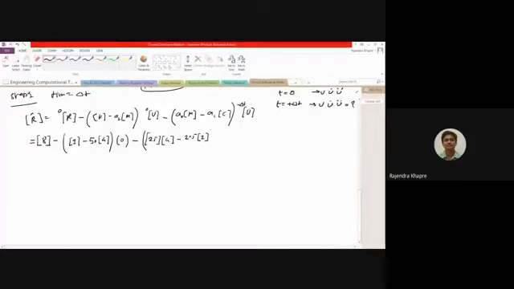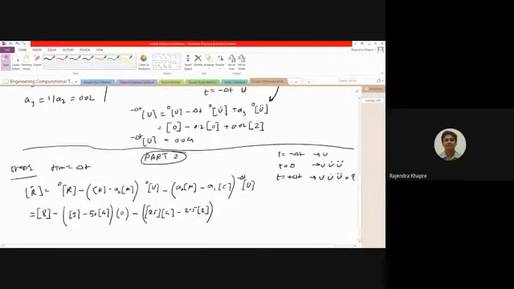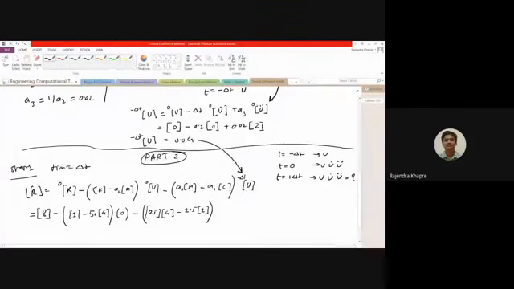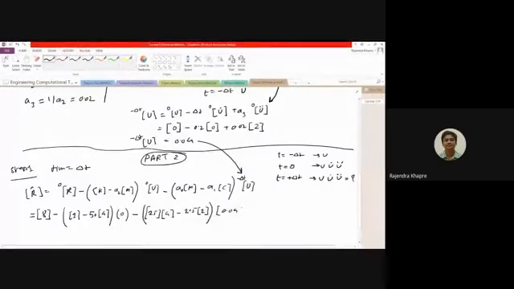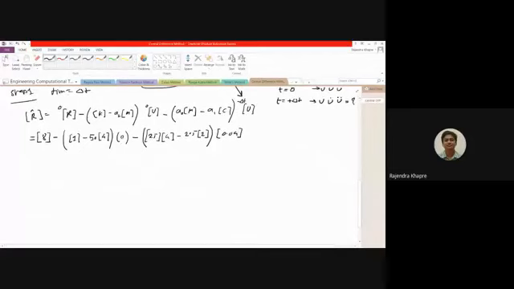It's a 1 by 1 matrix. Then it has to be multiplied with the displacement at t is equal to minus delta t, which we have already calculated over here. So this has to be multiplied with 0.04. Now can someone tell me what is the effective load vector R now?